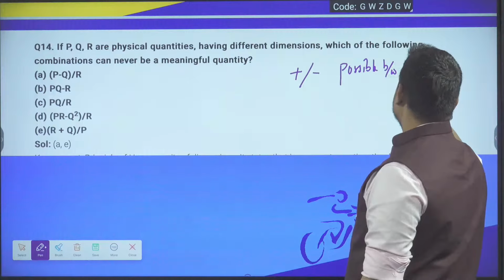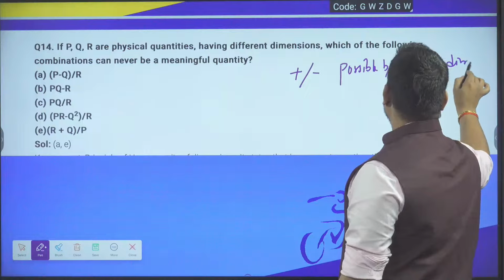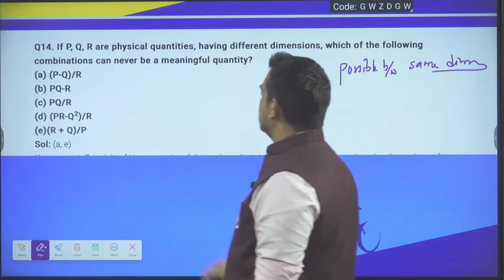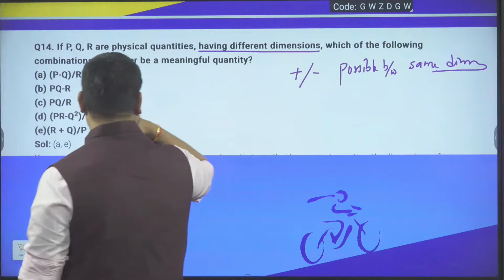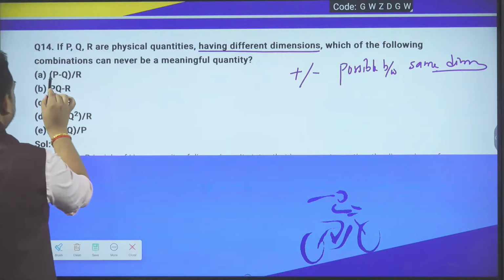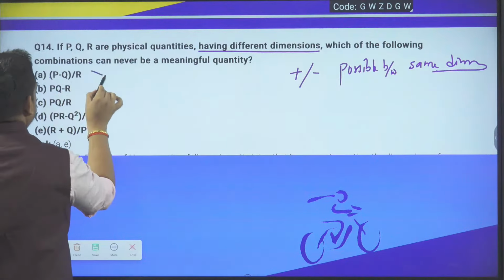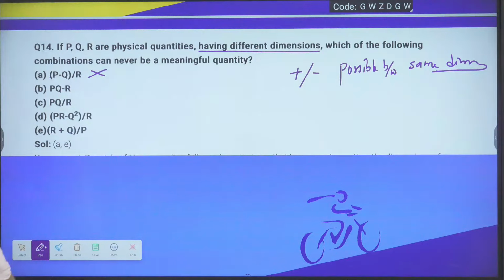They are saying P and Q are physical quantities having different dimensions, so direct plus minus is not possible. So first one, P and Q subtracted, possible or not possible? It cannot give a meaningful result.